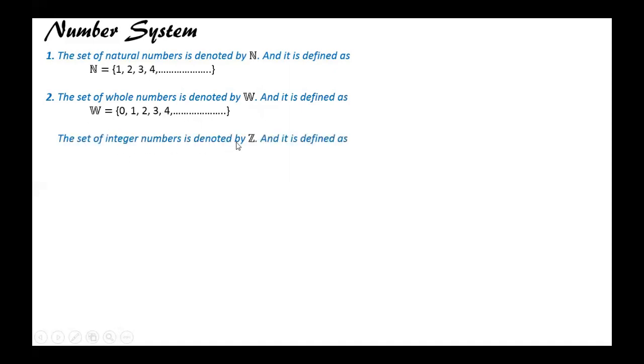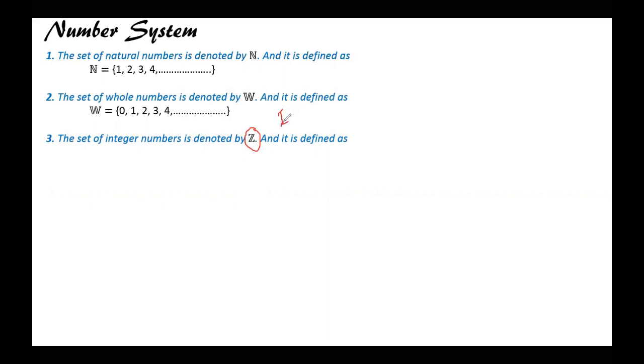Then number 3, we have the integer set. This integer set, sometimes they write Z, or sometimes they write I also, the bold I. The integer set is represented by Z and defined by the whole number set here, from 0 to 1, 2, 3, 4.